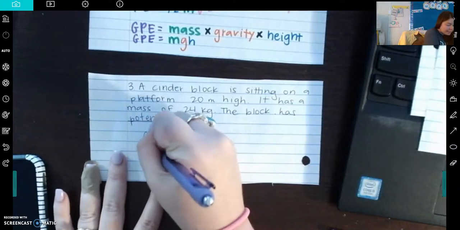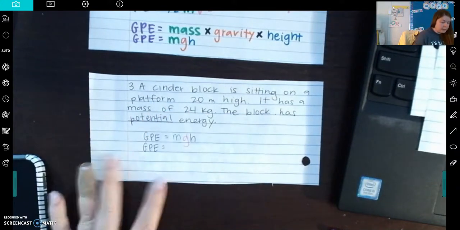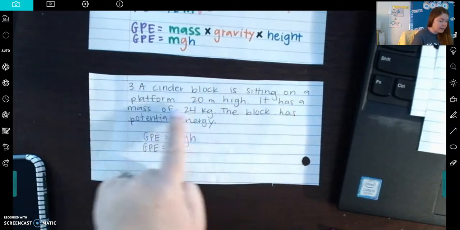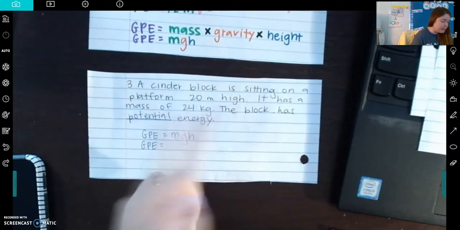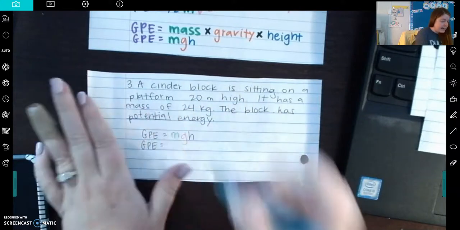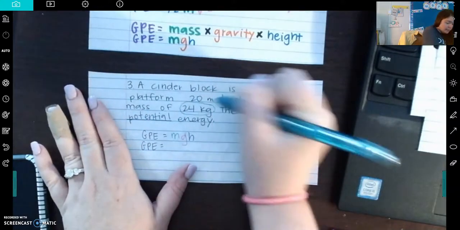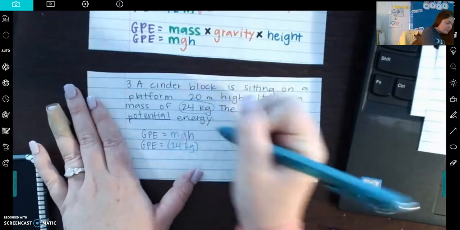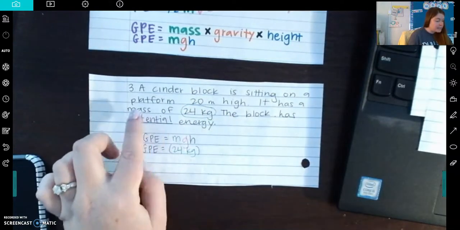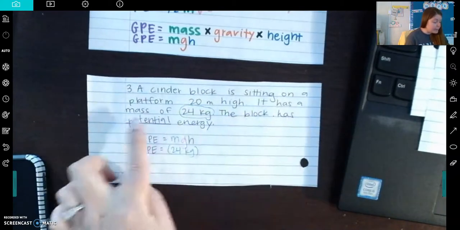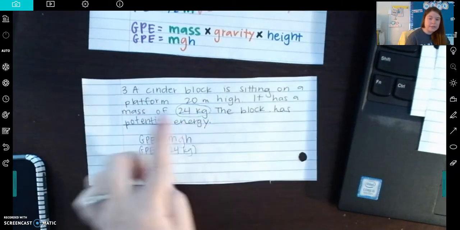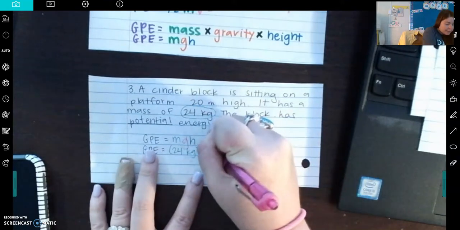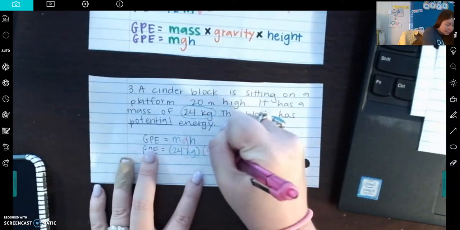So GPE is going to be mass first. Let me find that. A cinder block is sitting on a platform of 20 meters high. I know that's not a mass. It has a mass of 24 kilograms. So I want to put that in, 24 kilograms. Notice that it does not say it has a weight of 24 newtons. This is giving me the mass. If it's only giving me the mass, I know I need to include gravity.